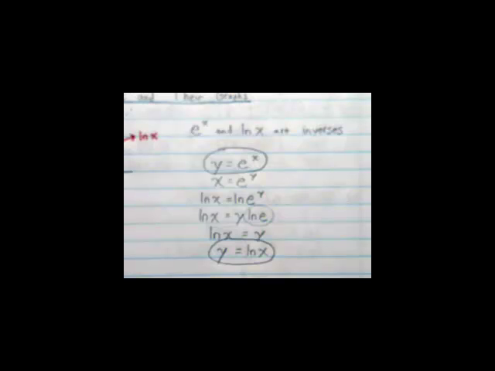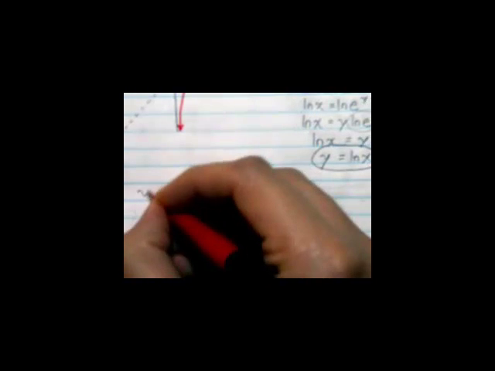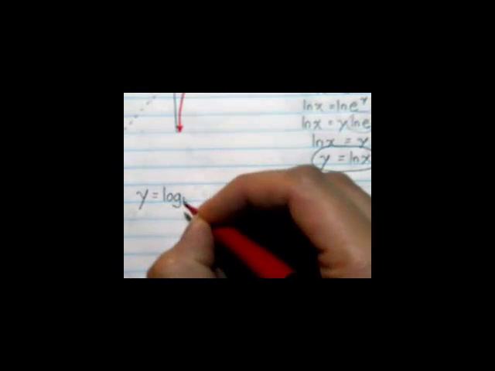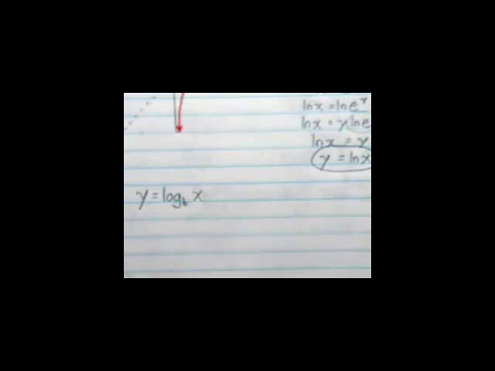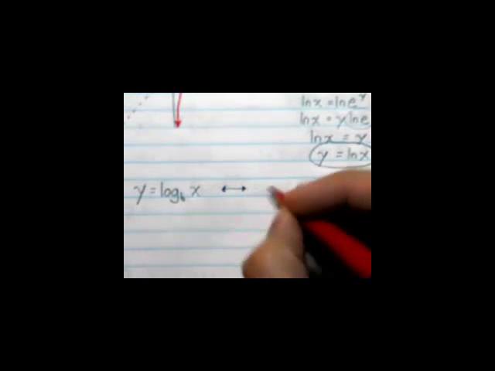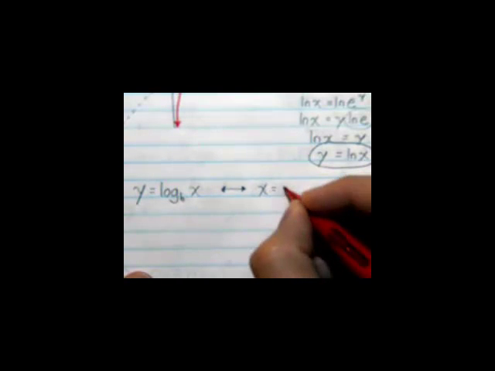So what that means is we can switch from one to the other. In general, and this is where this rule comes from that we talked a bit about yesterday, and this is for any log: if I have y equals log base b of x, then I can switch that around so that x equals b to the y.